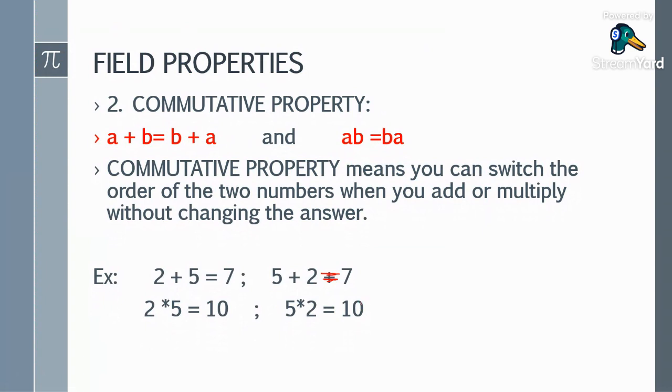As you can see, in addition, mag-change man yung position ng A at B, still, the answer is the same with B plus A. Same with the multiplication: A times B is the same with B times A.